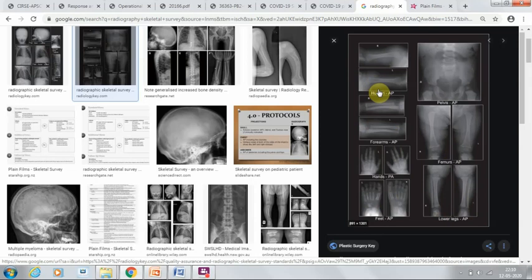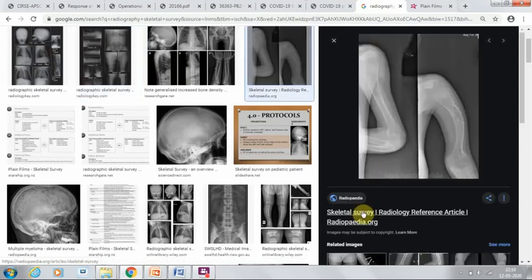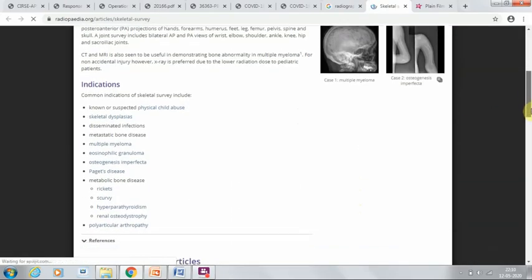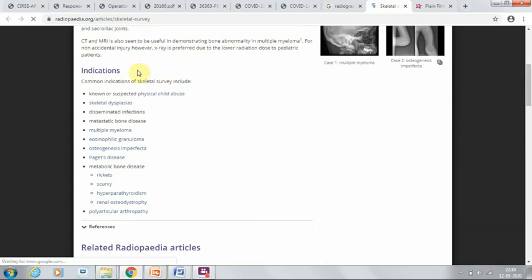So that's all. Skeletal survey is a very simple topic, but you only have to remember the indications. That's very important. If you remember the indications, you can write them down. All the indications are mentioned here.